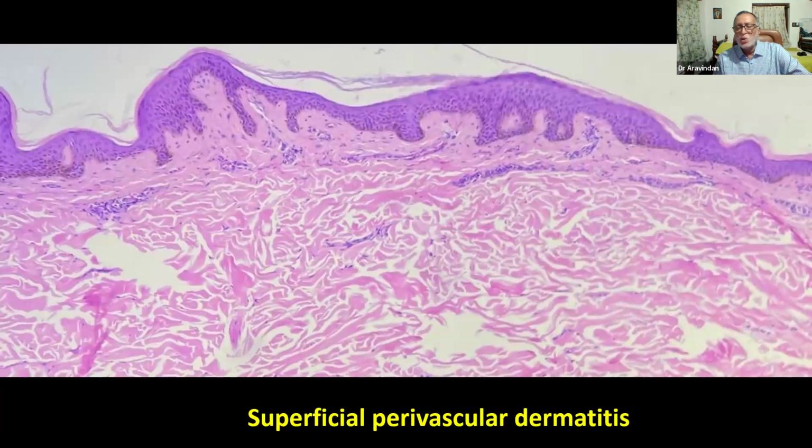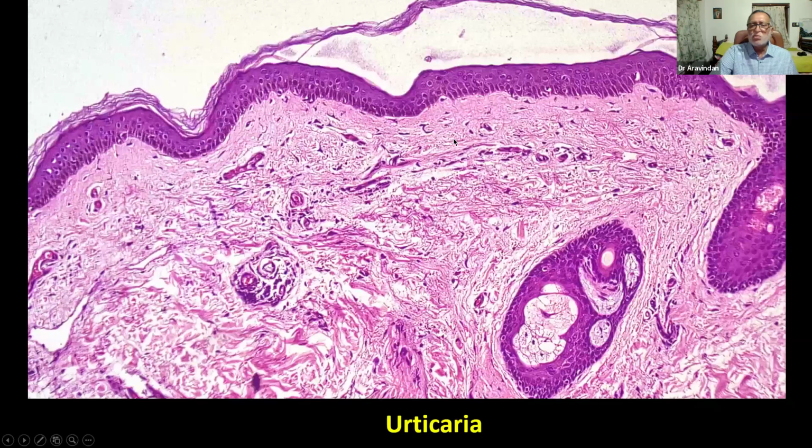You really do not know whether to call it normal skin, or even in normal skin, you will find the occasional lymphocyte here and there. So is it normal or something? So for this pattern, if you can't really make out anything further, just say that this is a superficial perivascular dermatitis. And this kind of mild picture with very few lymphocytic infiltrate can be seen in some other conditions.